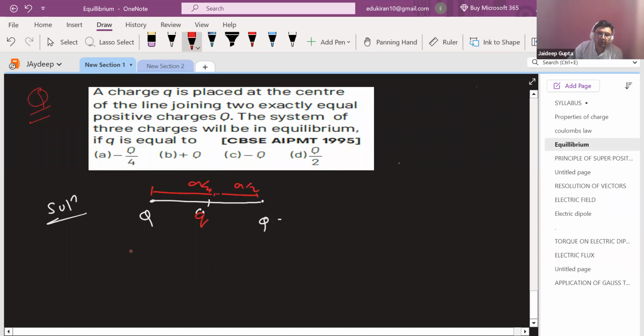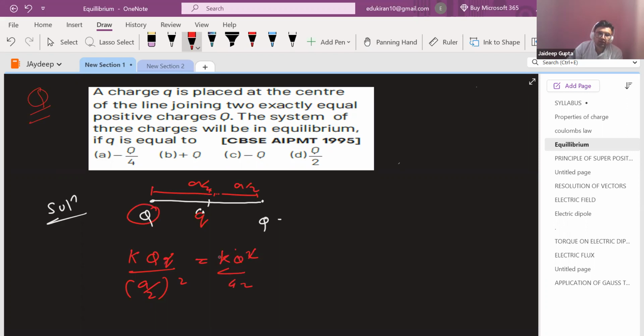So again, KQQ over (A over 2) whole square. We have to calculate the magnitude. Okay, fine. So we have to take any of the charges. Let it be this. Equals KQ square over A square. QQ will cancel out. KK will cancel out.